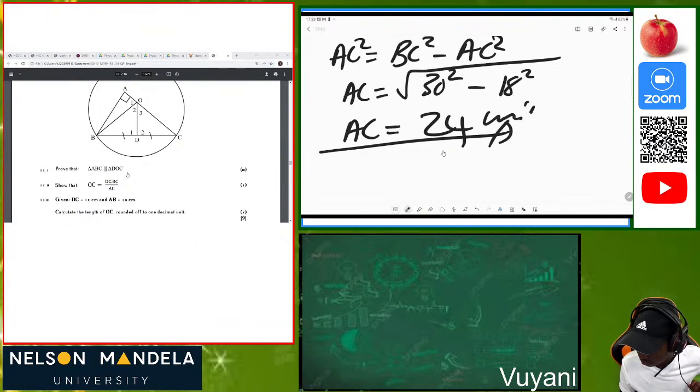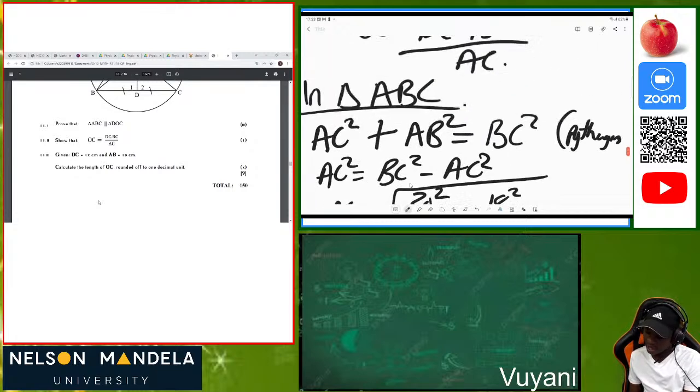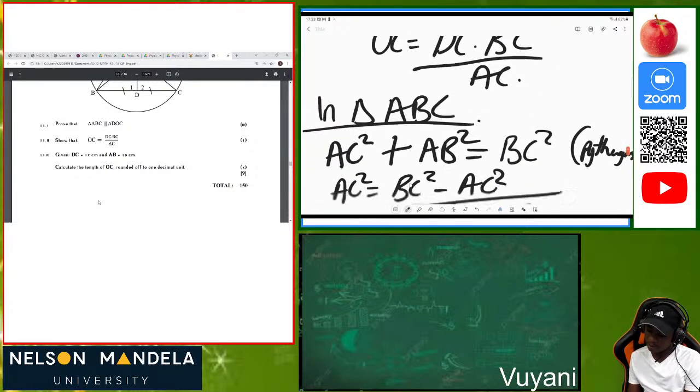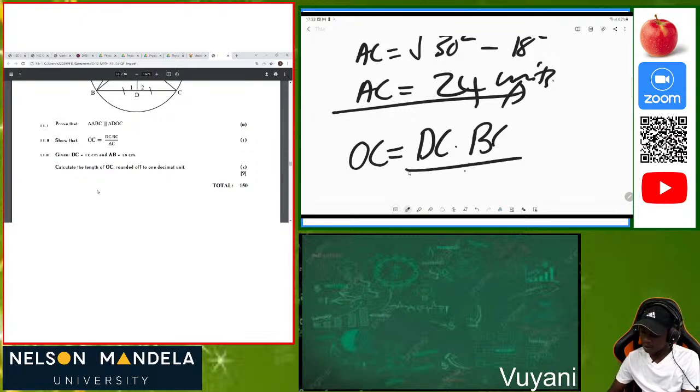After I've got that 24 units, we are not done with what we are supposed to find. Now we need OC. At least now we know AC, we know DC, we also know BC. So now we can say OC is equal to, what is our DC? Our DC times BC over AC.